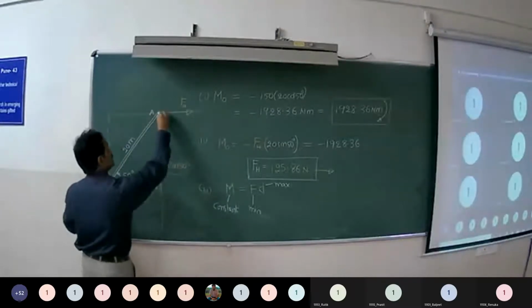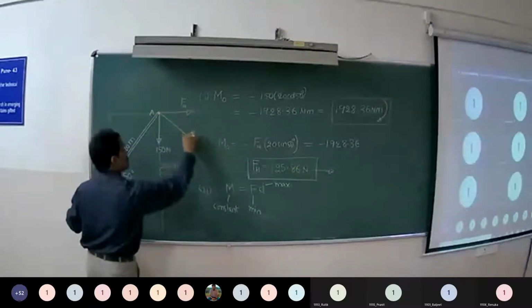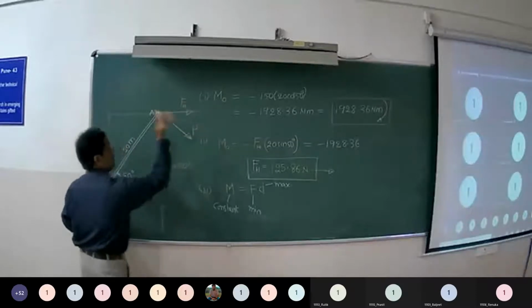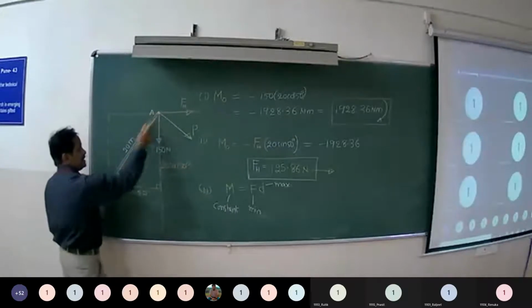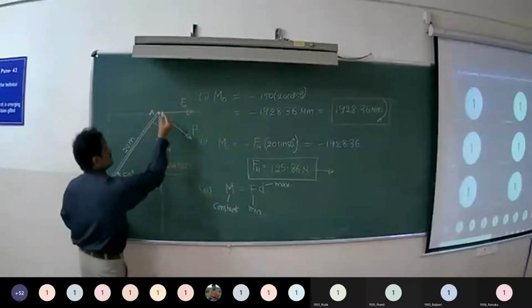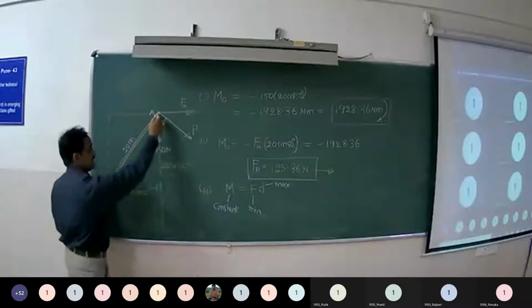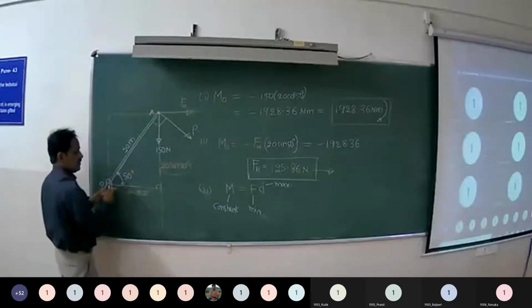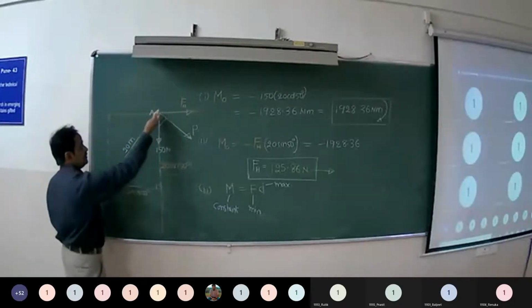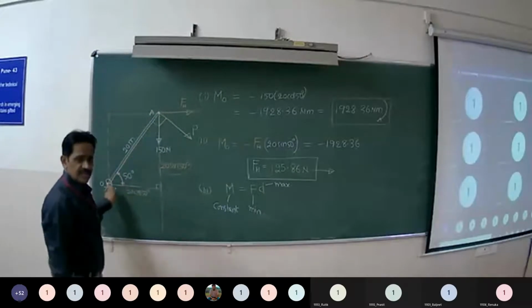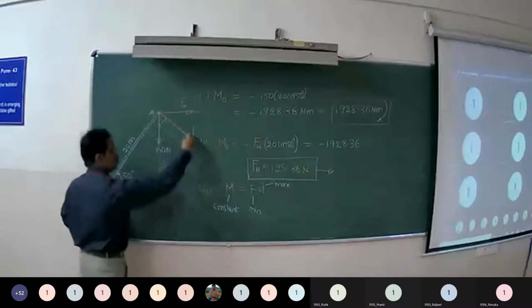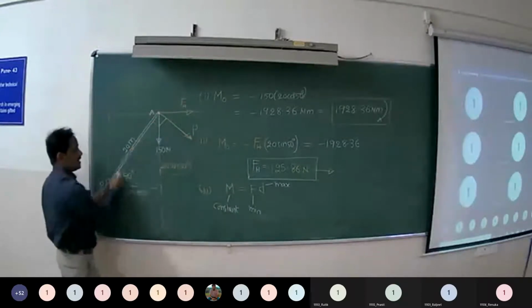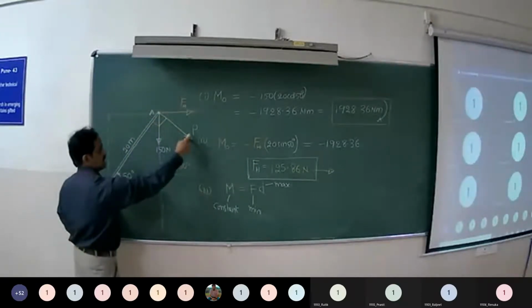Now you find out the direction of the force, let us say P, such that this 20 meter is the perpendicular distance. See, in a right angle triangle, this is 20 cos 50, this is 20 sin 50. Then perpendicular is always having greater length. So you have to find out the direction of force such that this 20 meter itself is perpendicular distance.